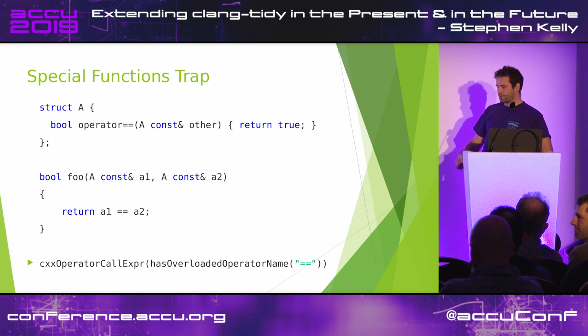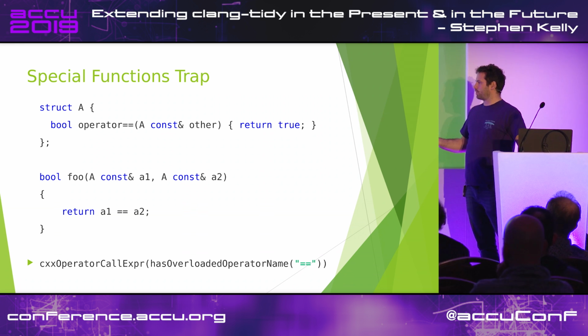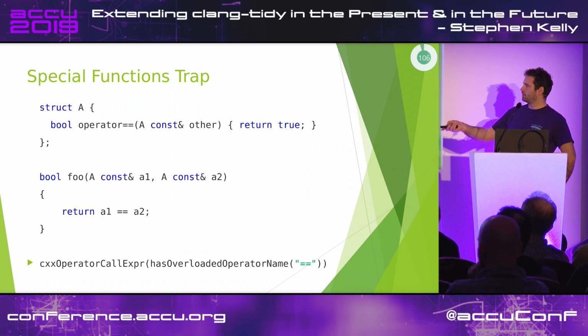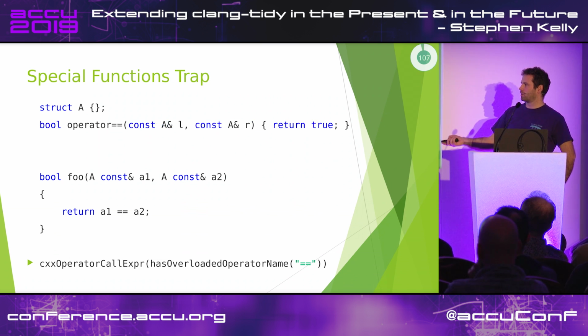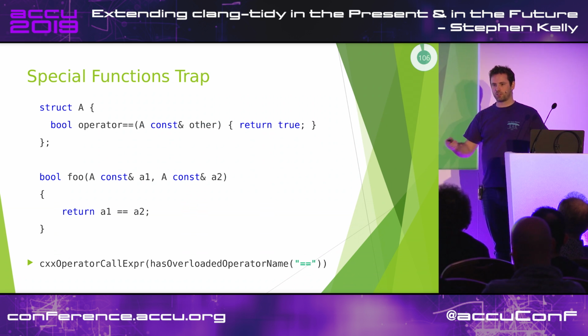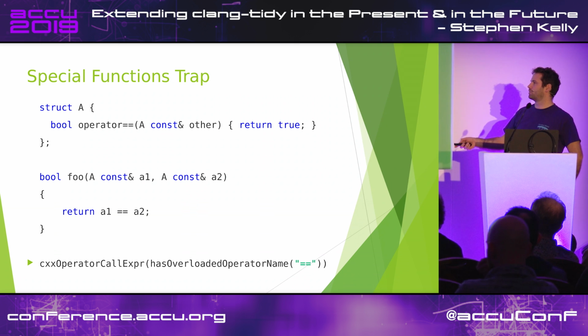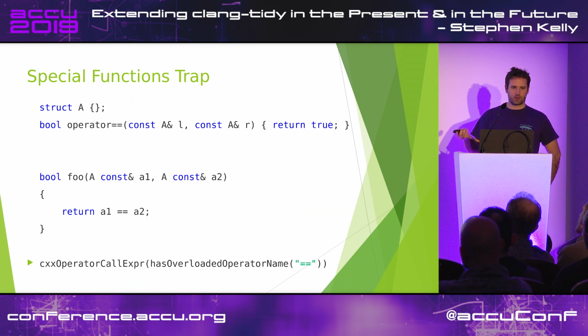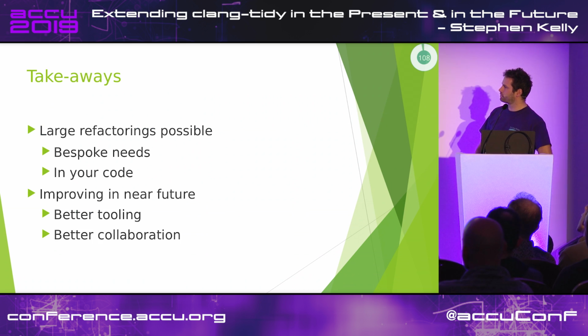So that's just sort of a problem that you'll run into if you try to port this kind of code. But luckily, independent of whether that operator function is in the struct or outside of it, the matcher doesn't change. So that's at least good that you only have to handle 2 cases instead of 3.